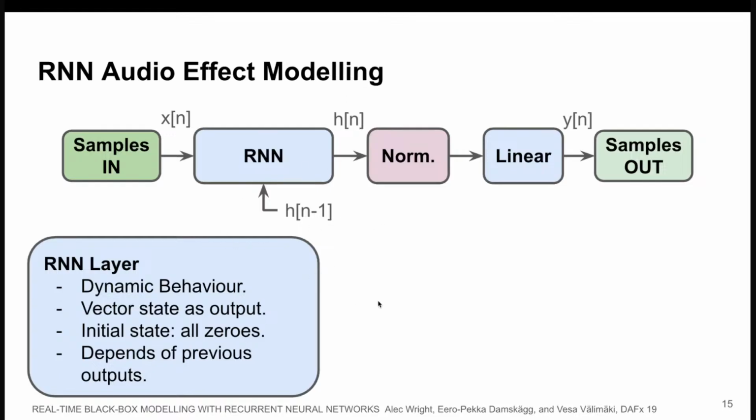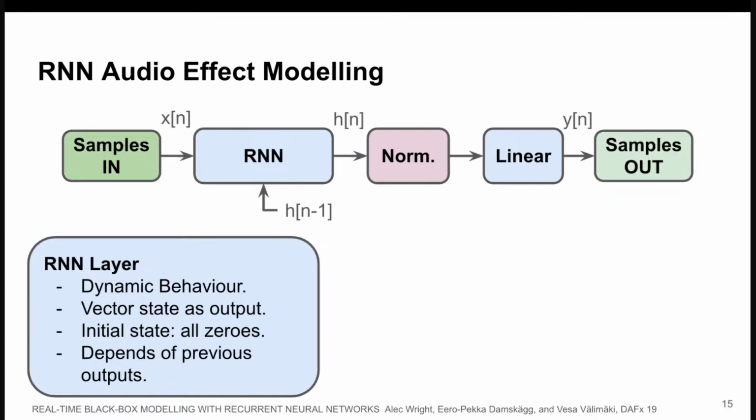That is the way in which it models the previous samples. It has xn, which is the current input, and h of n minus 1, which is the previous state vector. And it generates hn, which is the current state vector. So the whole idea is that it keeps the dynamic behavior of the system because it stores the output, and that output is used on the next sample.